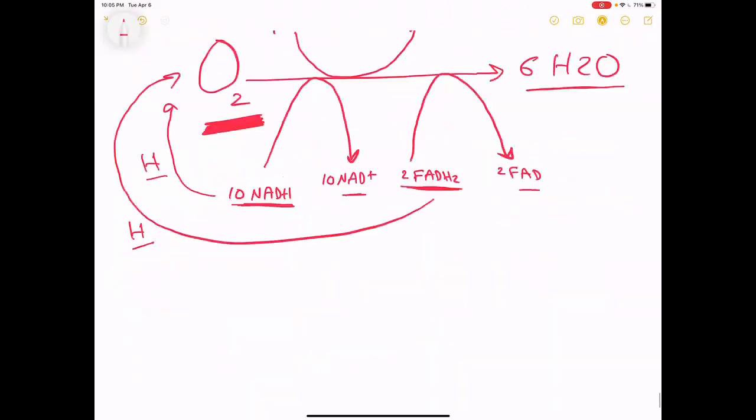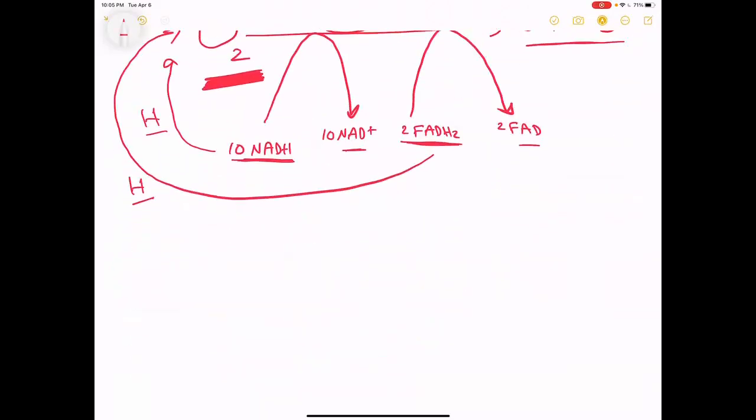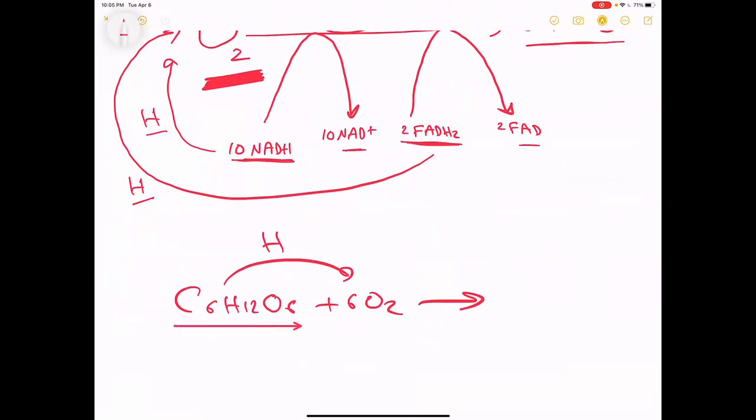But we know that. Why did I say we knew that? Because when we started the reaction, C6H12O6 plus 6O2, isn't that what I said we do? You take the hydrogen away, and that's why this becomes the 6CO2, and the O2 gains the hydrogen and becomes the water.